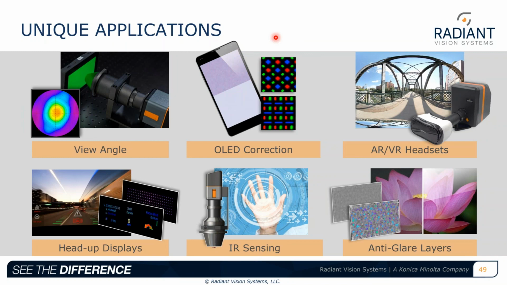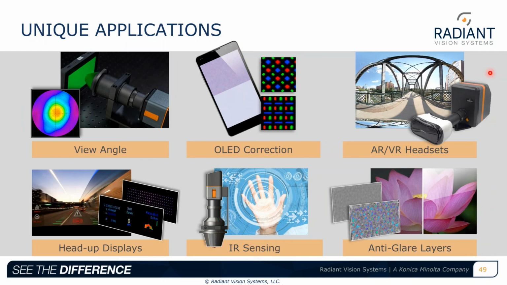So if you need one pixel to be brighter or a different color, you can go in and change the settings for that one pixel. This allows increasing yield and just making a better product overall. To do that, we've really been pushing the limits of what we can do with resolution to measure higher and higher resolution devices.